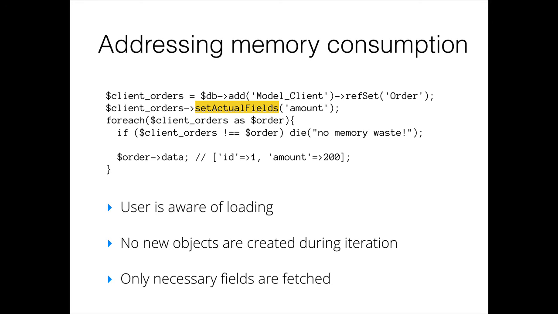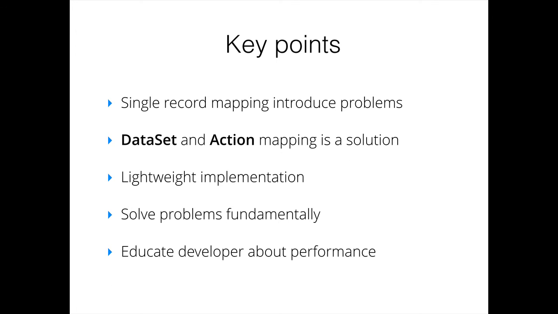The only thing that changes is the property data inside our order. And if you look at that, it will contain only two values. One of them is ID and the second is amount. So very minimalistic, very simple, very transparent use of data. The developer is aware of loading, and yeah, so that's it.